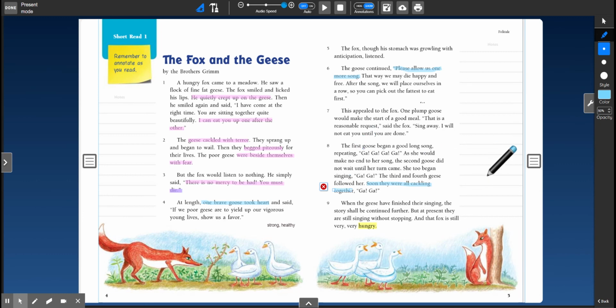Then we know that what happens to this story? The story never ends because they are still singing without stopping. And that fox is very, very hungry. Sorry, Mr. Fox.